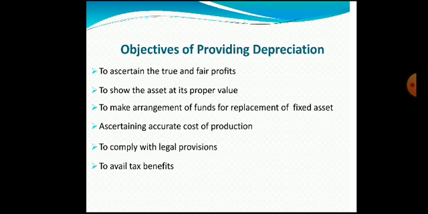Here the 20,000 which is charged as the depreciation every year should be kept aside so that after 5 years the accumulated amount comes to 1 lakh and immediately the machine can be replaced after its useful lifetime. So in order to make arrangement of funds for the replacement of fixed asset, the depreciation is to be provided.